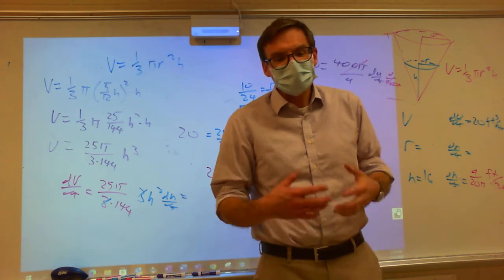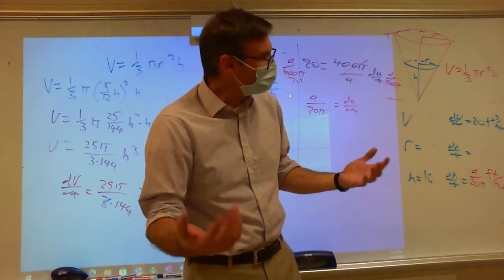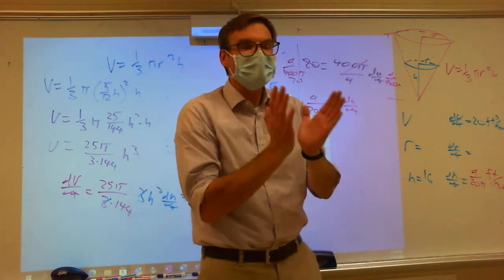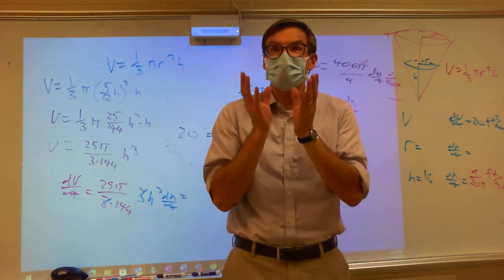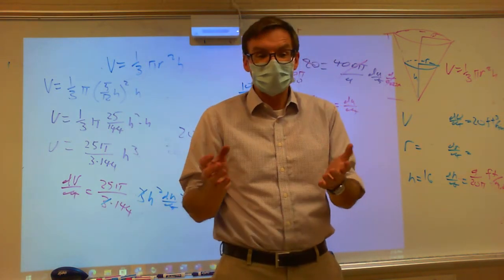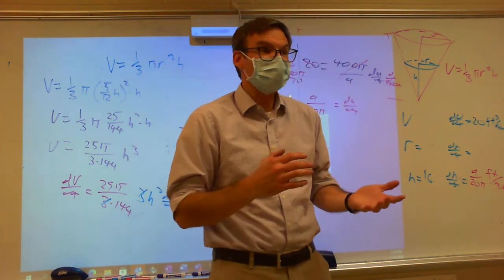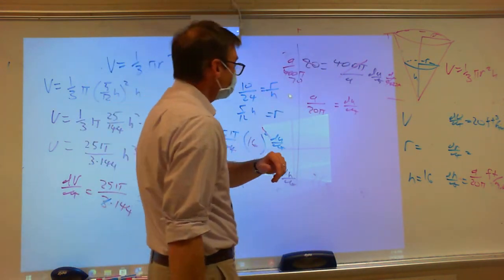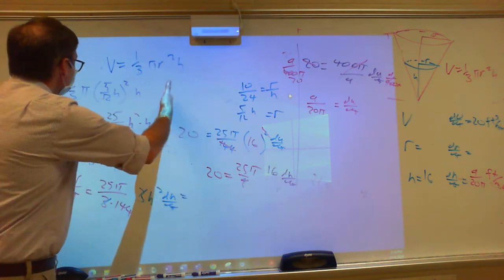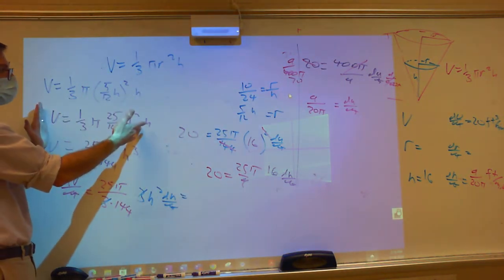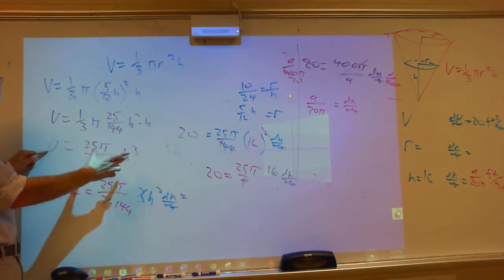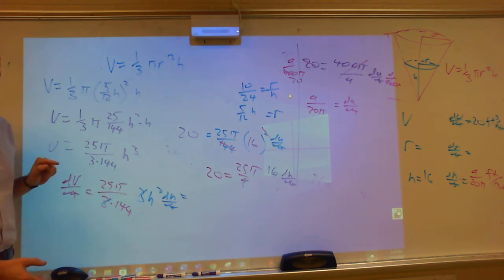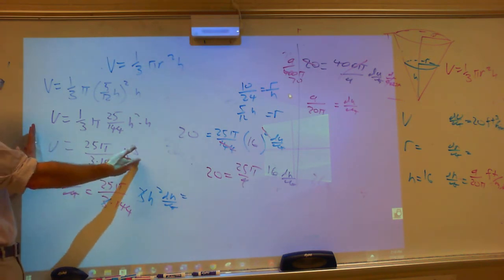And the reason that calculus books have cone problems is anytime you have a cone, you have similar triangles, and so there's a relationship between R and H. And you use that relationship between R and H that I had to erase to get a volume equation that only has one variable. Then the derivative of this is actually pretty easy.